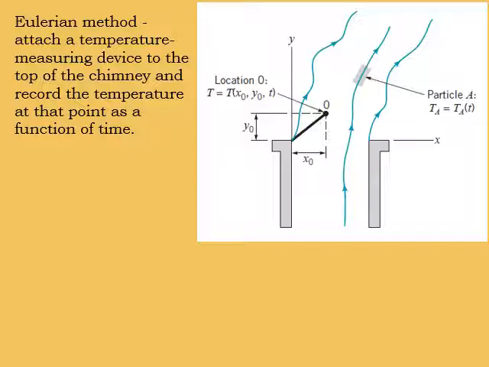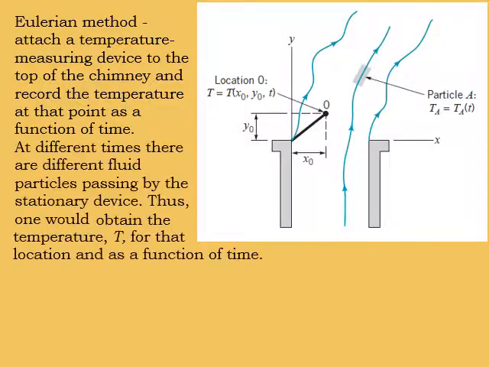There is a continuous flow of exhaust gases through this location, so the temperature sensing unit measures the temperature with respect to time. At different times, different fluid particles pass by the stationary device. The temperature measuring device is stationary and different fluid particles come in contact with it. Thus one would obtain the temperature T for that location as a function of time.